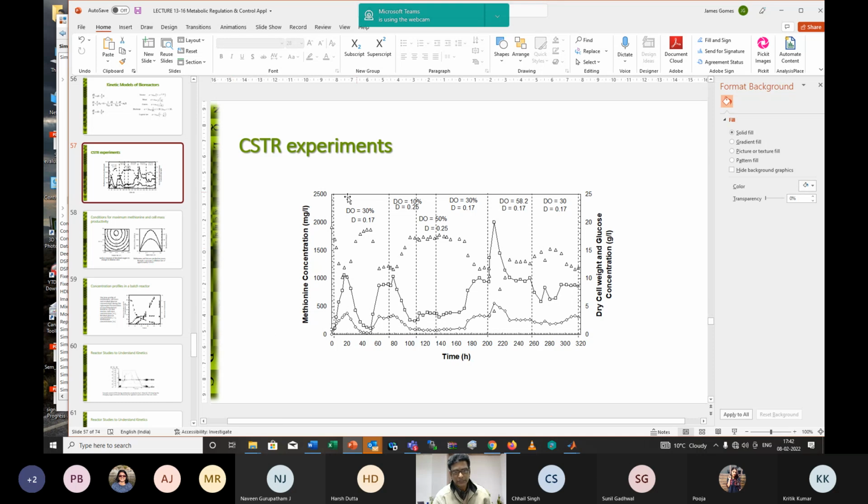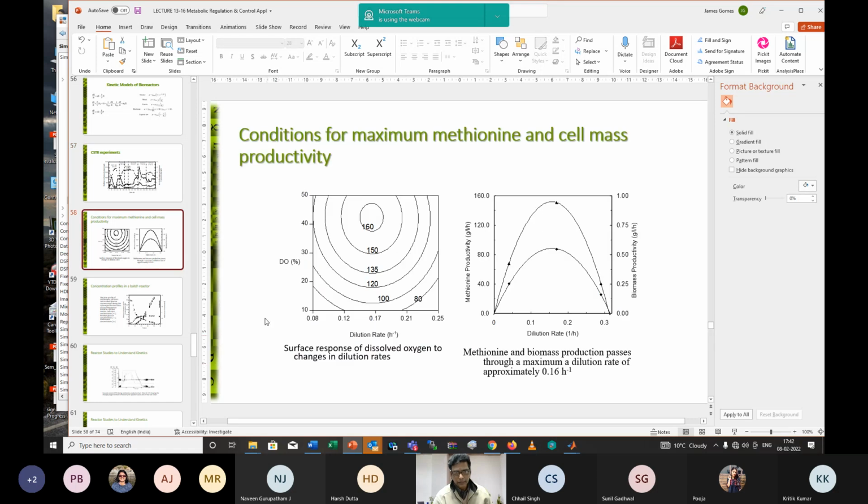By doing the CSTR experiments, you can extract the parameters, and broadly based on whatever is normally used in reactor kinetics, you could define a model. And if you did the statistics correctly, you would be able to plot variations of oxygen and dilution rates and the influence of that on the synthesis of cell and the synthesis of methionine.